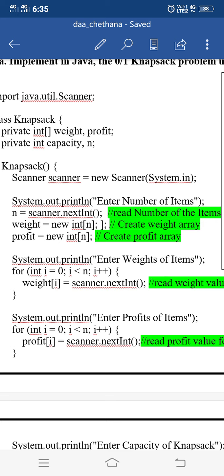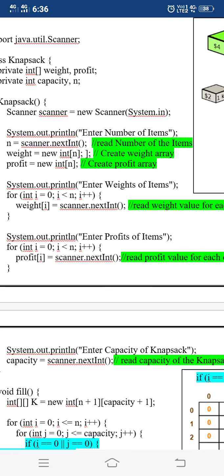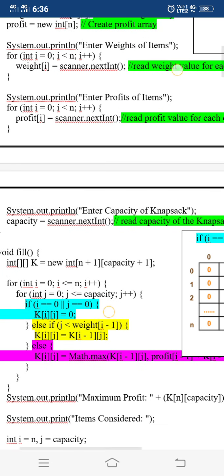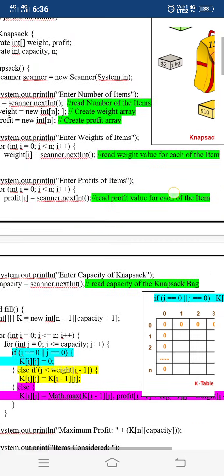The size of the weight and the profit is the number of items, and using the for loops we are reading the weight values and the profit values using scanner.nextInt, and also the knapsack capacity, the capacity of the bag.